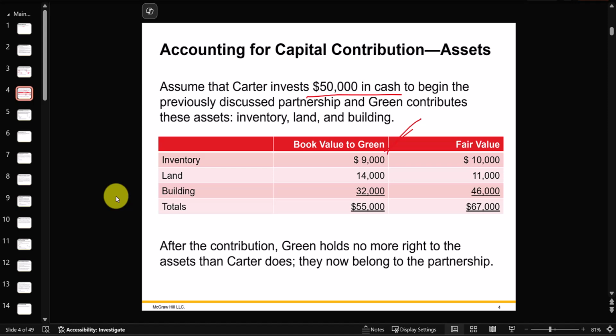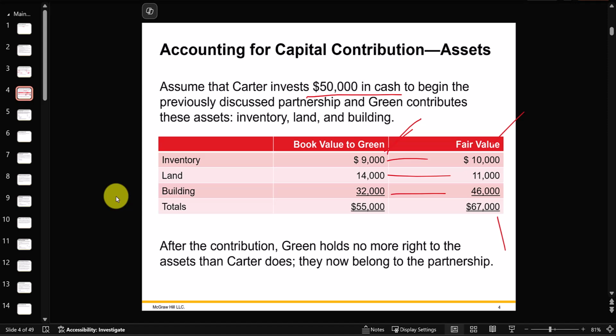But what we're looking at, to be fair, is the fair value of those assets compared to the cash Carter is contributing. So we have to value each of these items upwards or downwards to get the total fair value of what Green is contributing into the partnership.